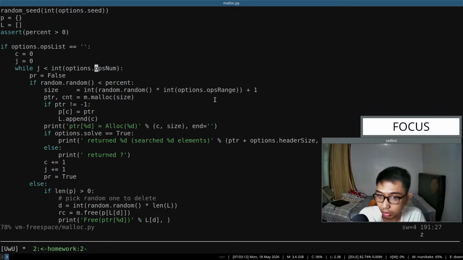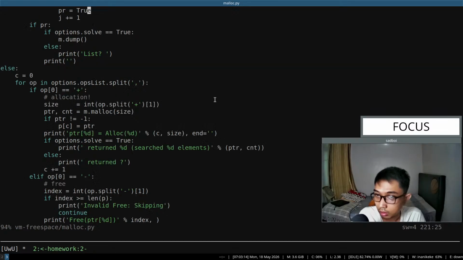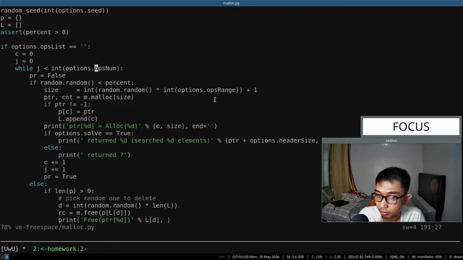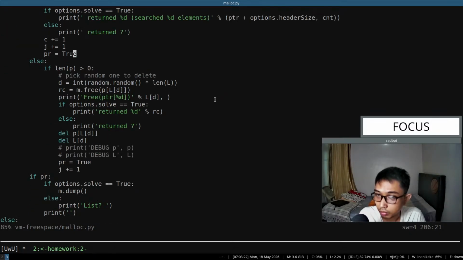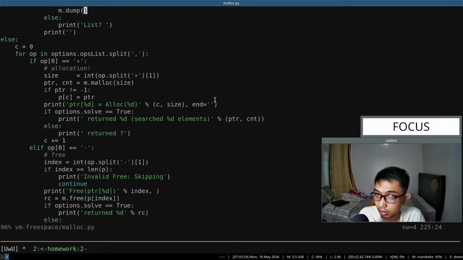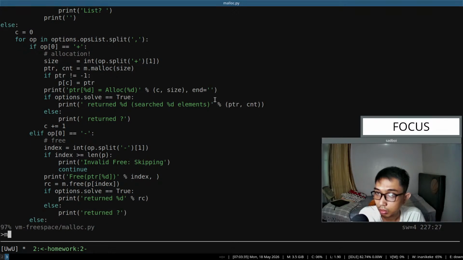Yeah, what does ops mean here? Free. Okay. Split. Oh.